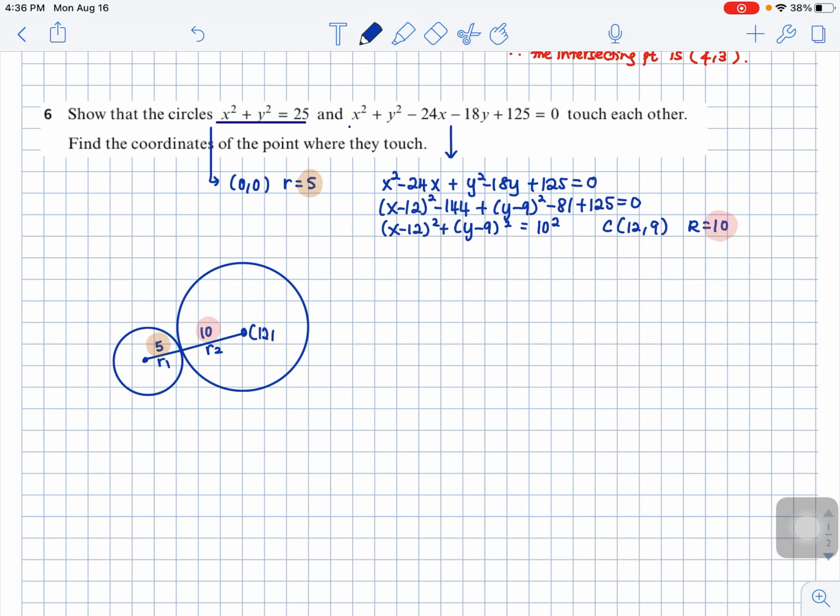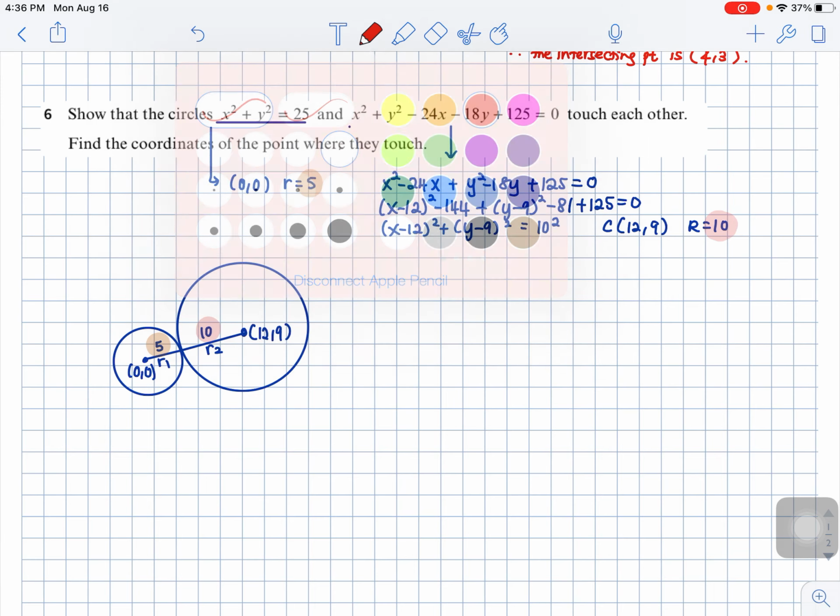This is (12, 9) and this is (0, 0). So if they are touching, then the length joining the centers of the circles has to be 15. If it is 15, then I am very certain that they touch.